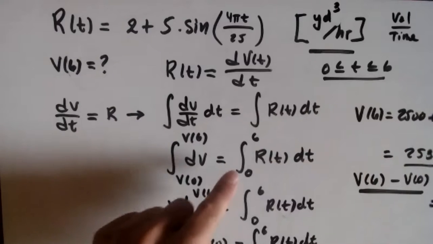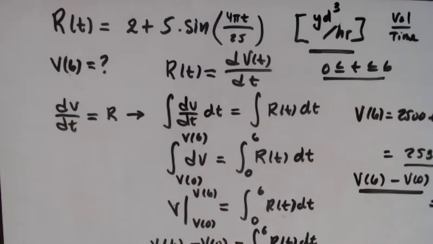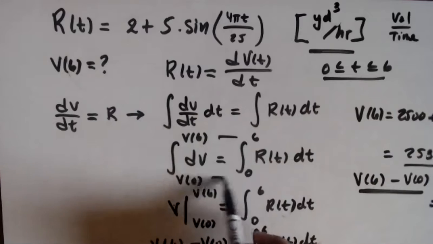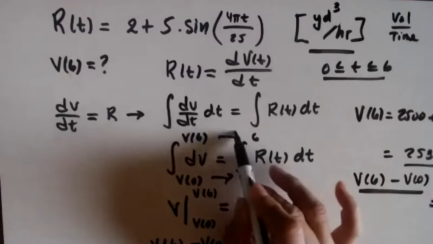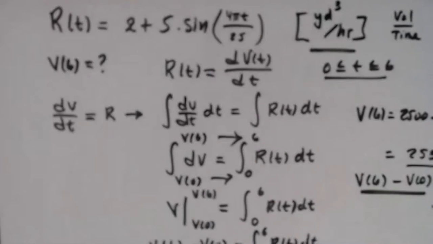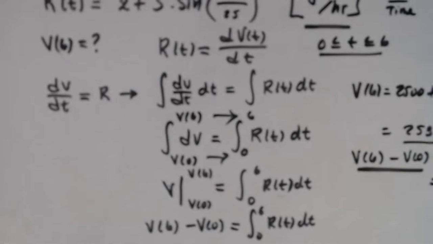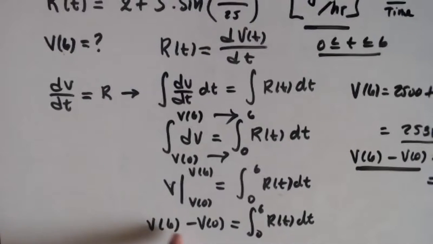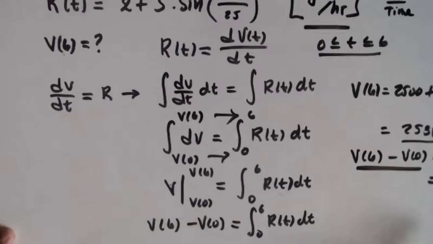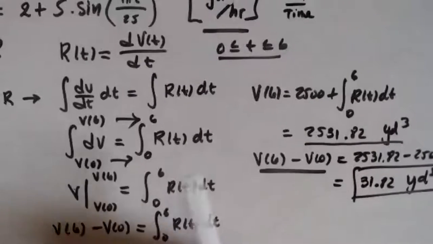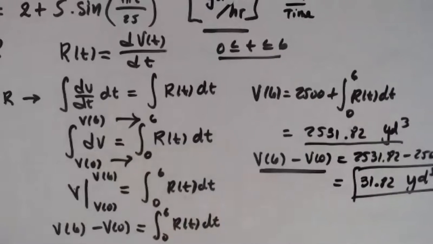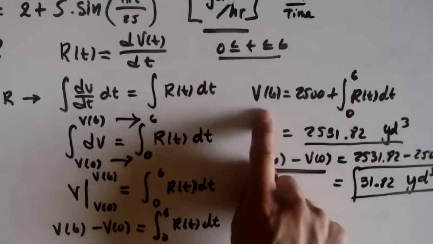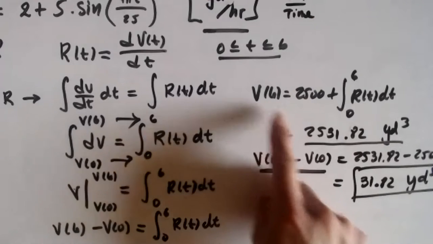And then volume at 0, volume at 6. You see how I match the limits of integration, this with this and this with this. So once I have this one, I perform my integration. And the difference is what is going to be removed, because this is the initial volume. So that's it.